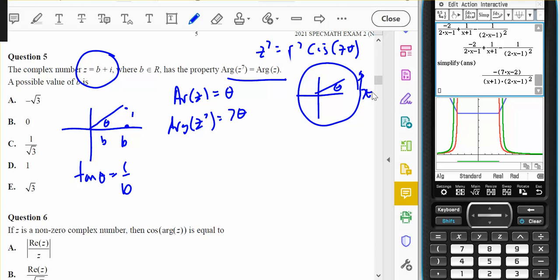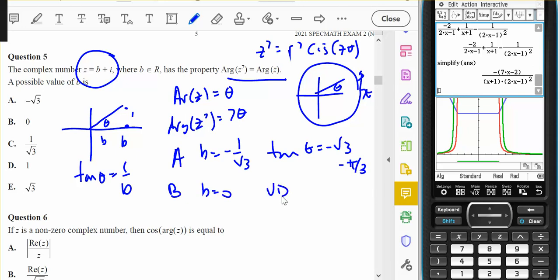Okay, so if I was to take all these B's, in A's case, if B equals negative 1 on root 3, the tan of theta would be 1 on negative root 3, which would be minus pi on 3. In B's case, B equals 0, undefined because I can't have 1 divided by 0.